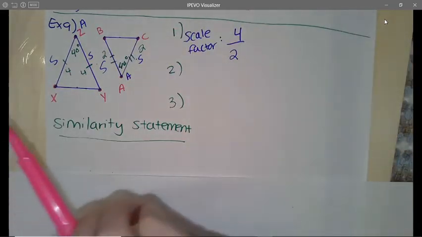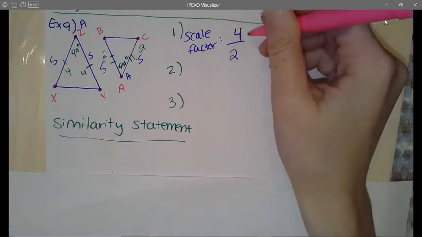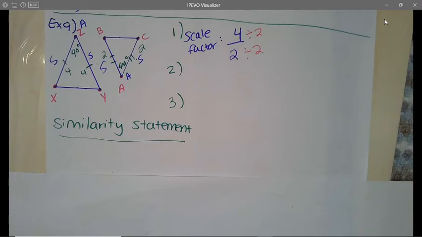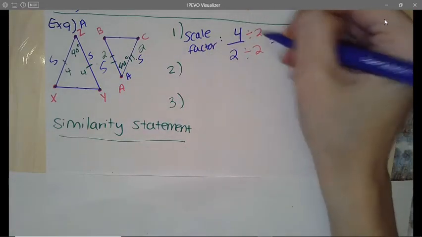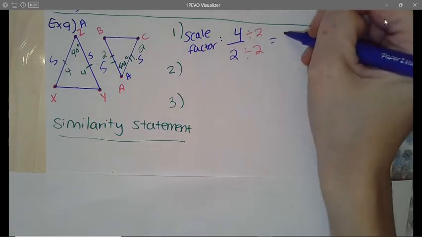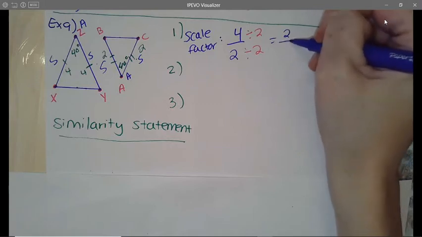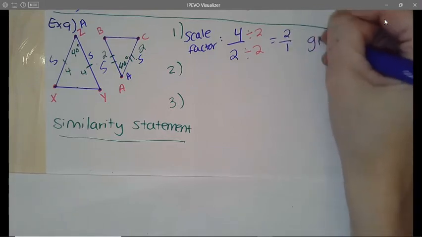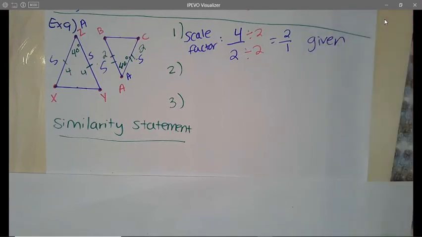Well, I can reduce this down. I can divide each of these by 2. 4 divided by 2 is 2. 2 divided by 2 is 1. So this is going to be 2 over 1, which is 2. And that's how I got my scale factor.